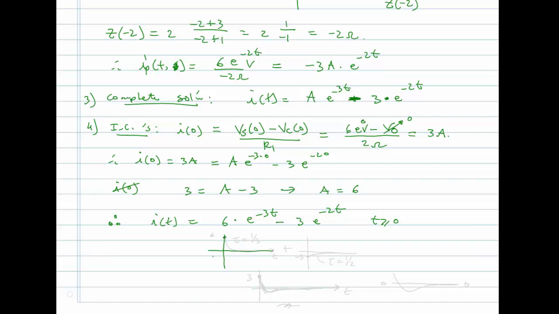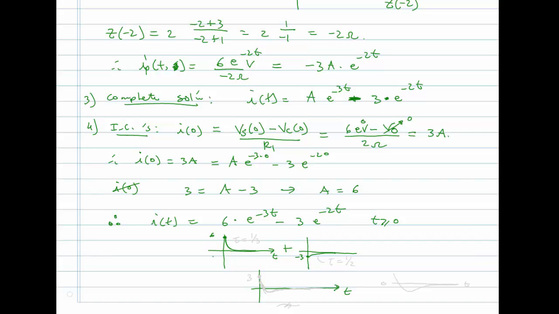It starts at 6 and decays pretty quickly. And this one starts at minus 3 and decays more slowly. So you put these two together and we end up with something that looks like this.